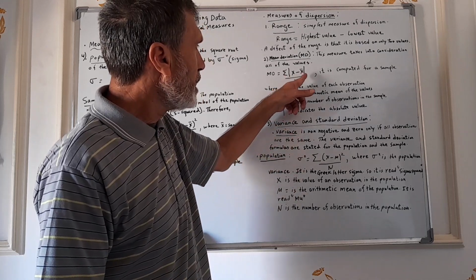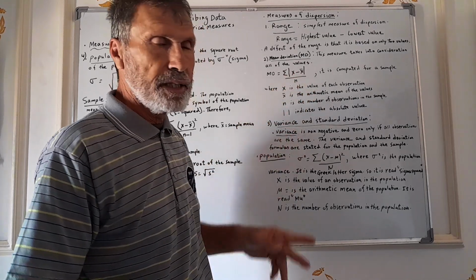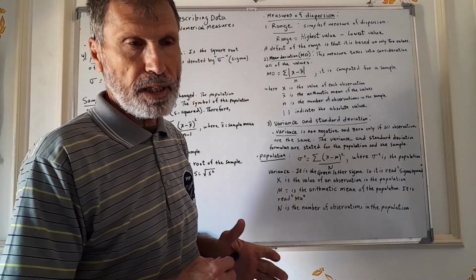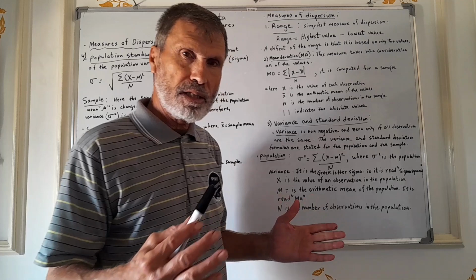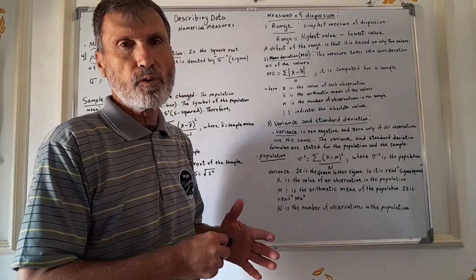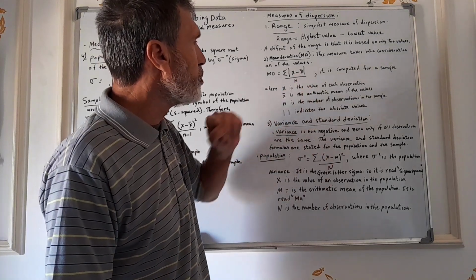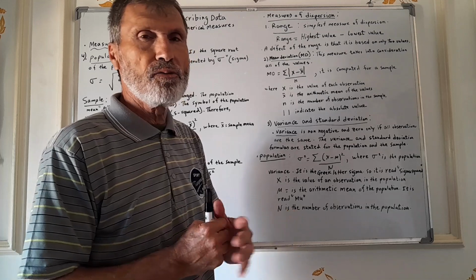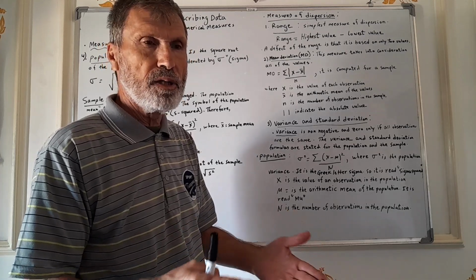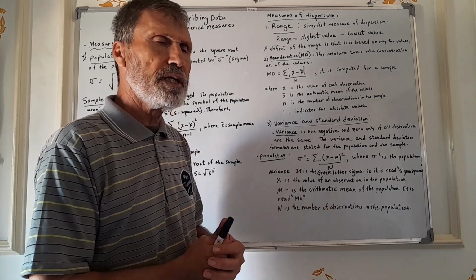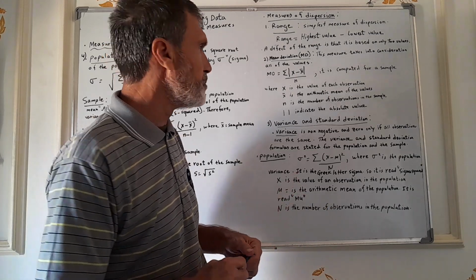And as you can see, the two lines here indicate, of course, the absolute value. It is a known symbol to mean the absolute value. So here we take the absolute value, so you're going to have a non-negative value, because the absolute value of any negative number is positive. Therefore, the mean deviation is going to be positive, okay?